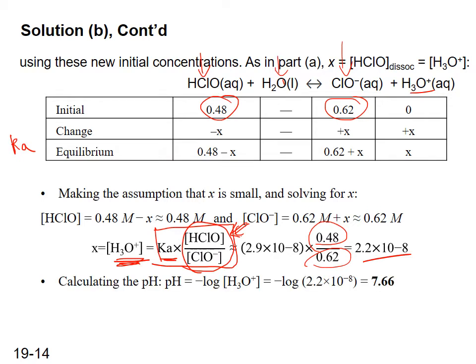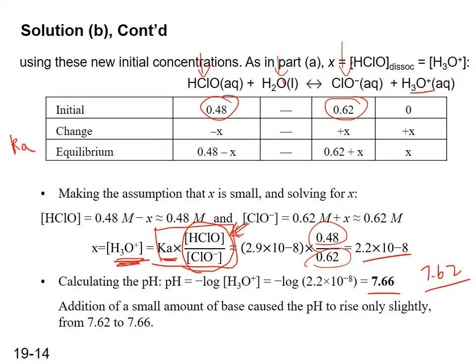The new pH value can be calculated to be 7.66, compared to 7.62 in the buffer before hydroxide is added. The addition of a small amount of base caused the pH to rise only very slightly, from 7.62 to 7.66.